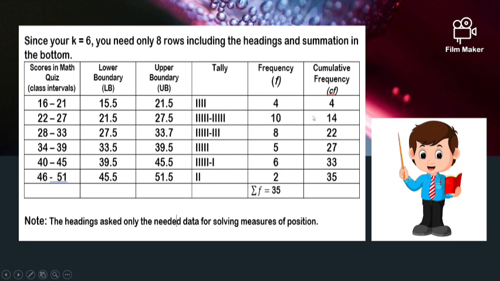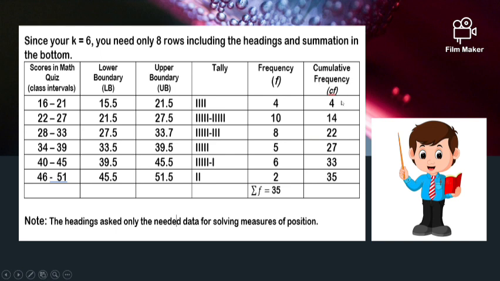So just translate it into numbers, and then you get the summation of your frequency, which is 35. If the sum is correct, that means your tally is also correct. If the sum of frequency is 35, which is the total number of observations, then we are correct.